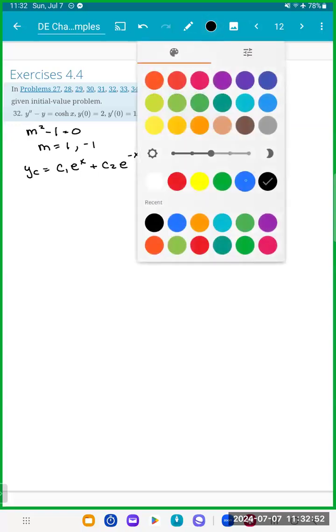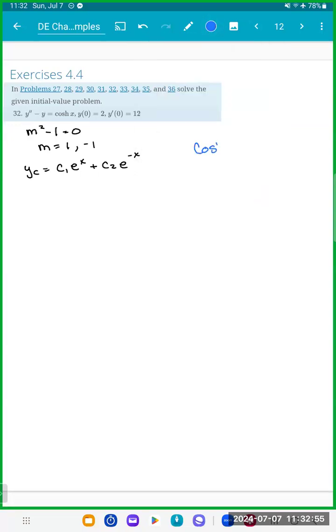Just as a reminder, we have cosine h of x equals e to the x plus e to the negative x divided by 2. And so when we want to look at our particular, that's going to be a cosine hx plus b sine h of x.